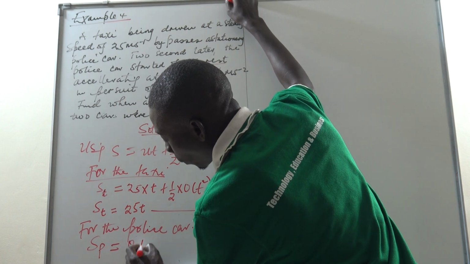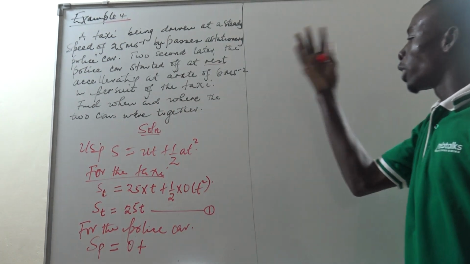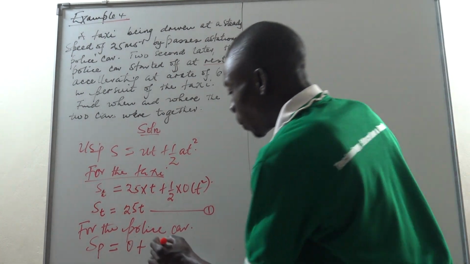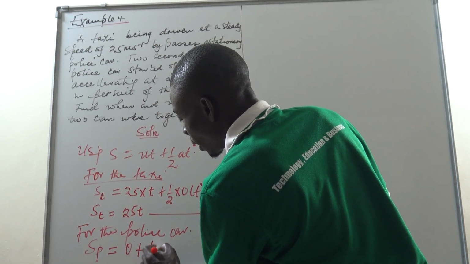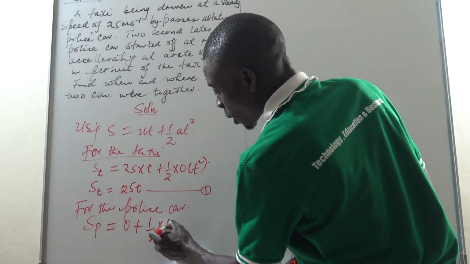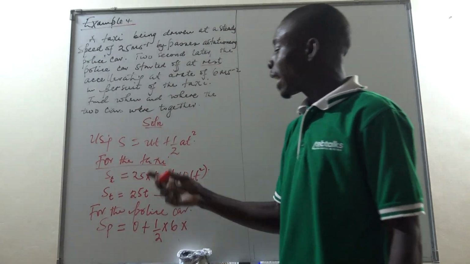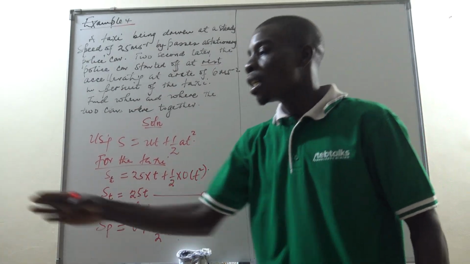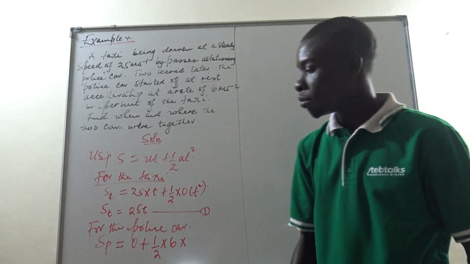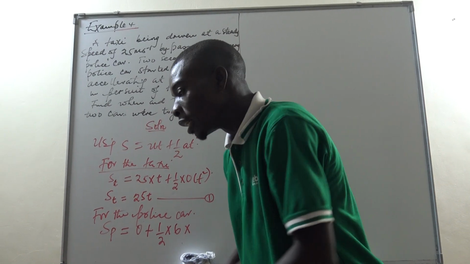So you can say it is 0 plus, all this component will die to 0, since 0 times anything will be 0. Plus a half acceleration. It accelerated at a rate of 6, and then times time. Okay? Remember, the taxi first bypassed, and then after 2 seconds, that is when the police car started following the taxi.